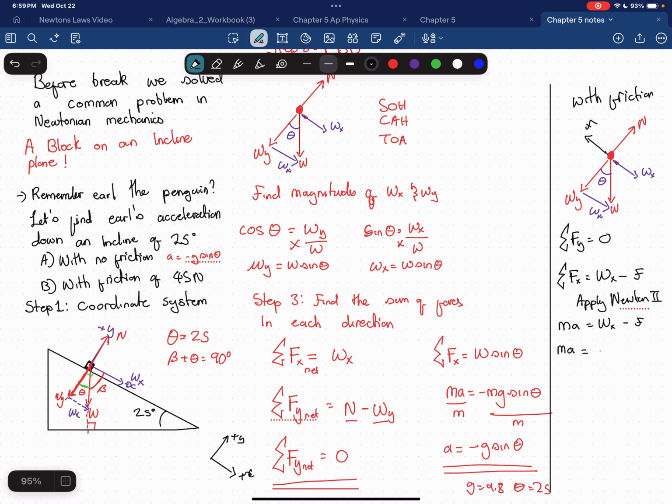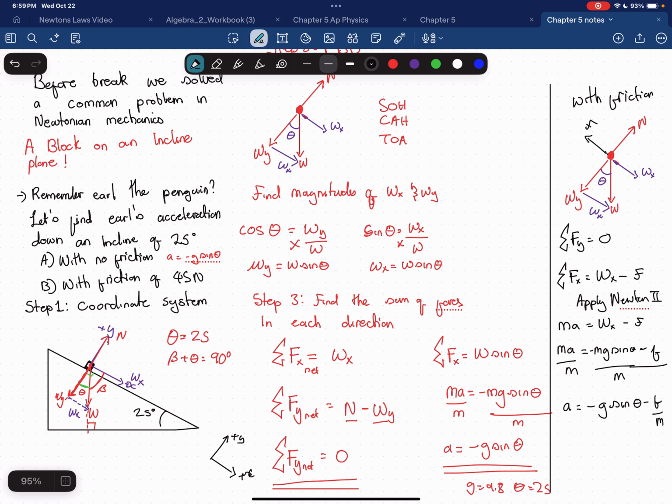So ma is going to be minus mg sine theta minus f. Dividing by m, a is going to be equal to minus g sine theta minus f over m. So that's what our acceleration is.